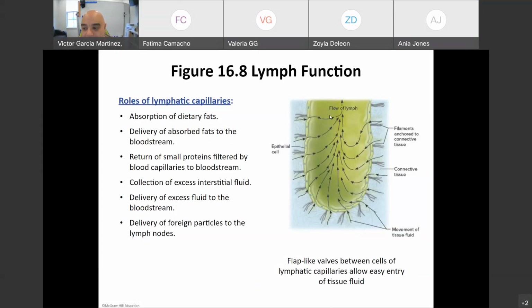We can get proteins and carbohydrates directly into our blood. But lipids are different because they are bigger molecules. Then we need to absorb these bigger molecules using this path, using the capillaries, to drain our lipids into the blood.